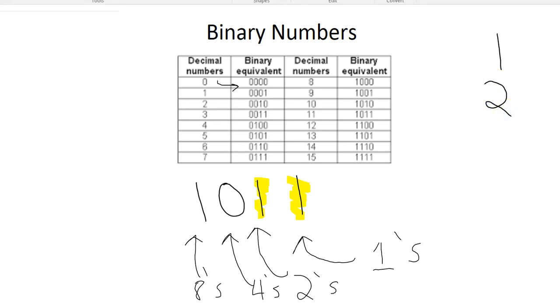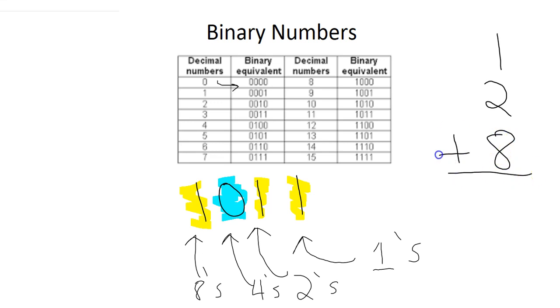We can see that it does not have anything holding the 4 value, and it does have something in the 8's value. Okay, so we're going to do 1 plus 2 plus 8 gives us a decimal value of 11. And if we look here, 1011 is in fact 11.